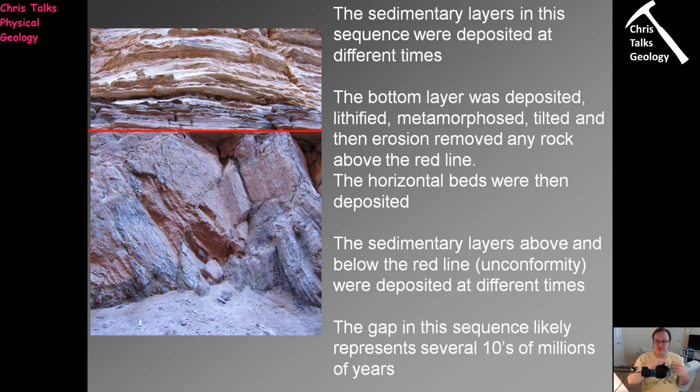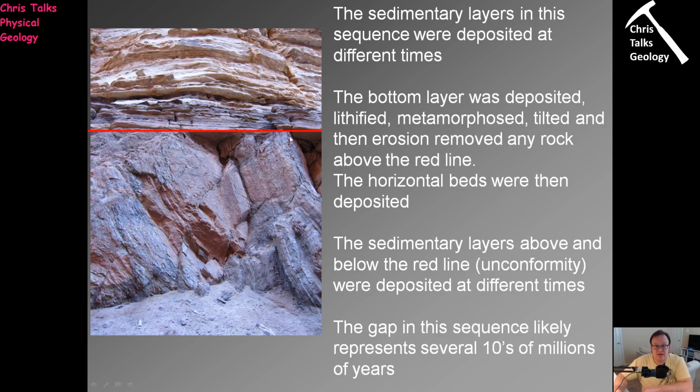The sediment was deposited, then it was lithified, then it was tilted, then a whole load of sediment was eroded away, and then the horizontal rocks up here were deposited. This process of lithifying, tilting and erosion of these rocks down here could have taken tens, maybe even hundreds of millions of years. And so this represents a hiatus, an unconformity in the sequence.